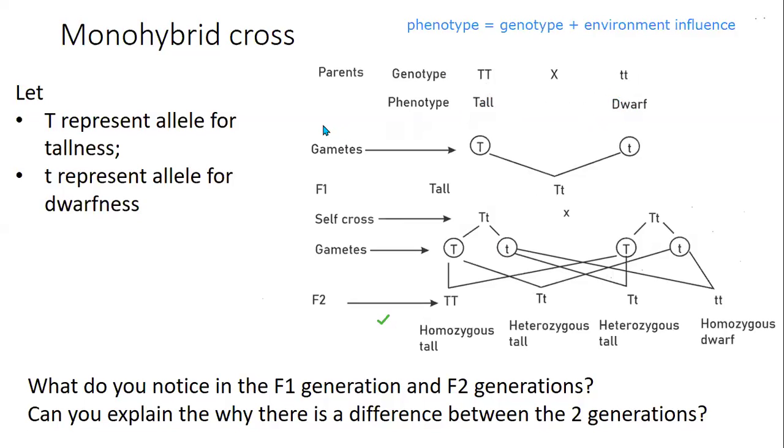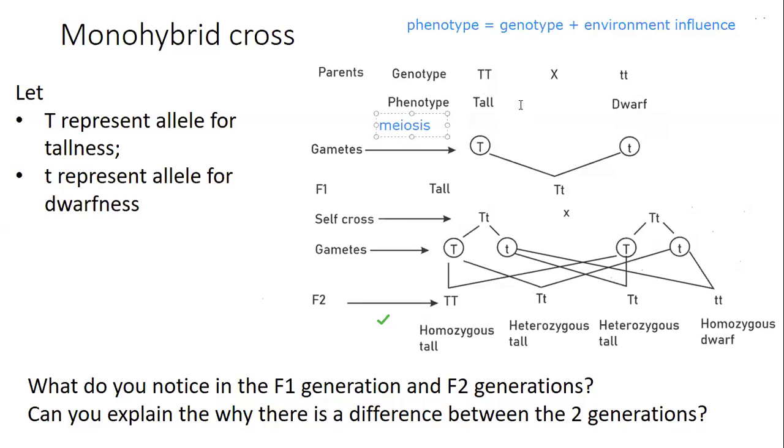Now, during meiosis, I actually need to put here the word meiosis. So during meiosis, we have gamete formation. When we have gamete formation, it means each gamete carries only one set of the two alleles.